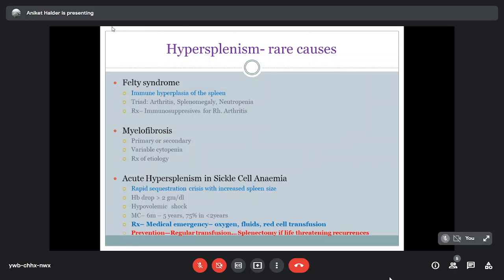This acute hypersplenism, which is seen in sickle cell anemia, should be kept in mind when there is an acute sequestration crisis in a child. And splenectomy should be considered if there are repeated recurrences of this rapid sequestration crisis.